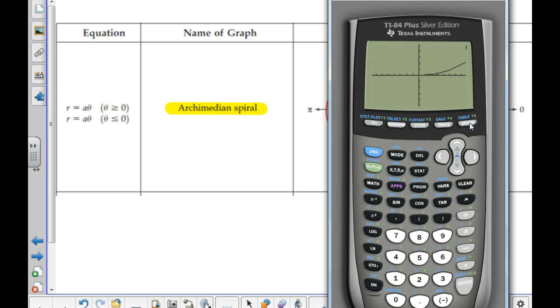I don't remember how you get a spiral. I think you just have to go around more rotations. Like if I made this 1,000. Okay, your time's about up. And then I zoomed way out.